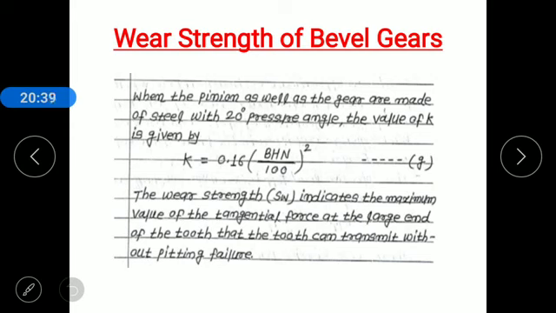Again we know the definition of wear strength. Sw indicates the maximum value of tangential force at the large end of the tooth that the tooth can transmit without pitting failure, and it should be more than the effective force between the meshing teeth. This is about the wear strength.